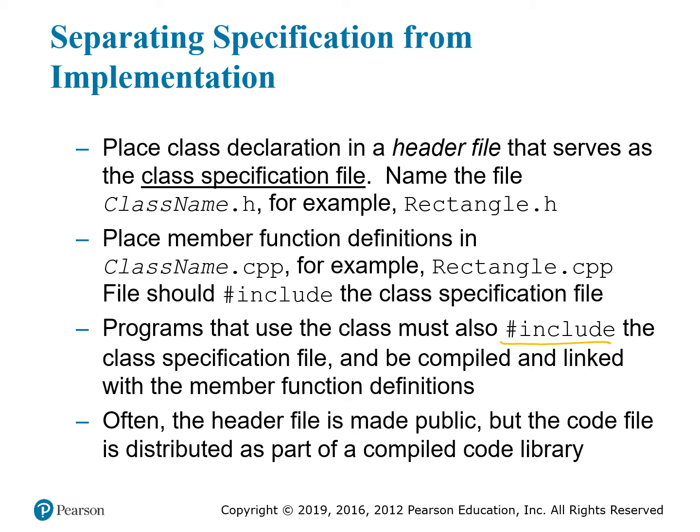Often this is done as part of what's called a class library, where the header file is made public, but the code file is distributed as part of a compiled code library, so that nobody can get in and change your code for how your object works, but they have the headers that they need to access and use your objects, your classes.